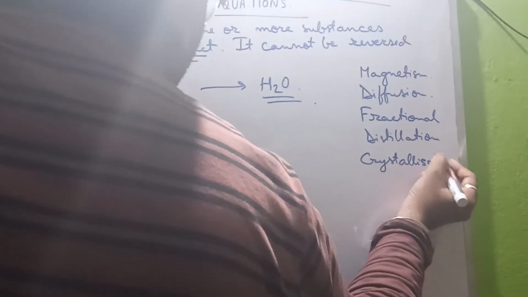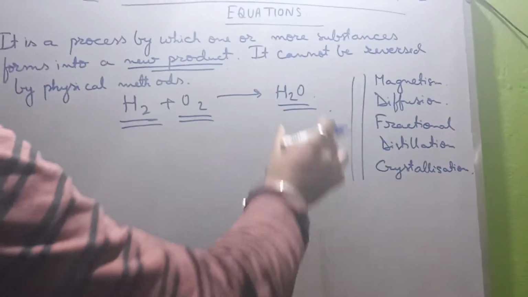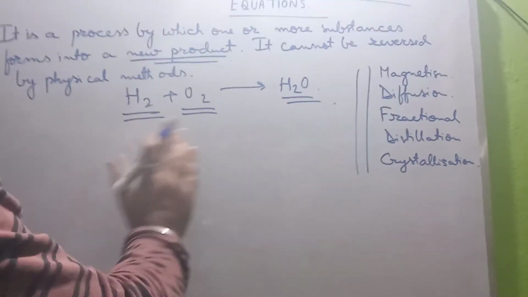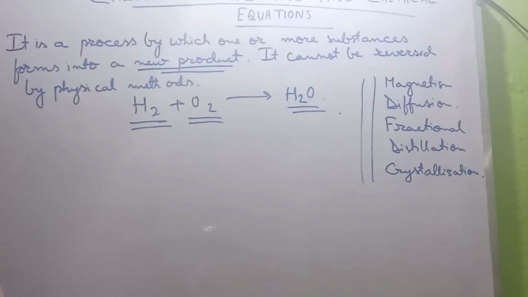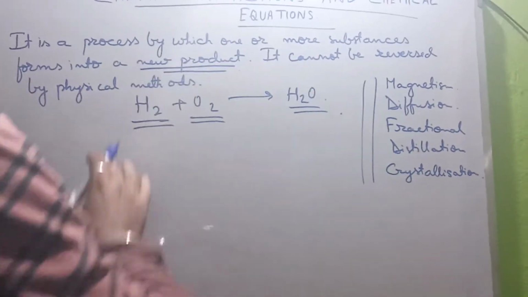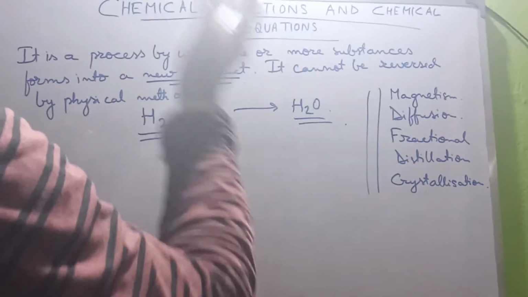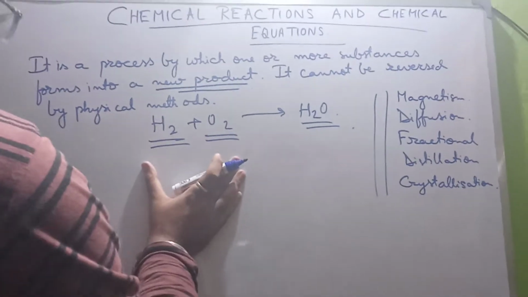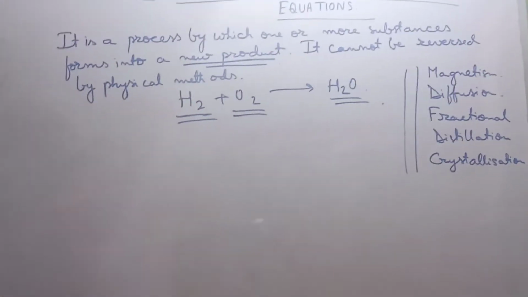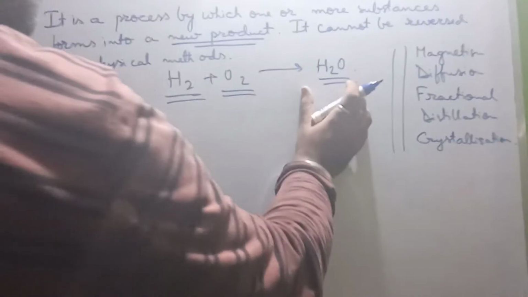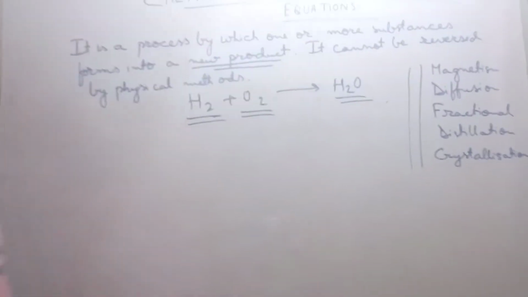In none of these methods can we change this H2O back to H2 and O2. So these are the physical methods which cannot change a product back into the substances that were added together to get this new substance.